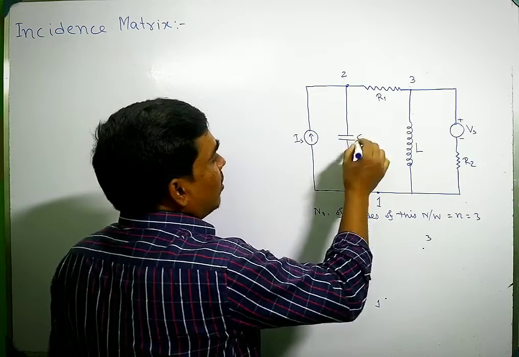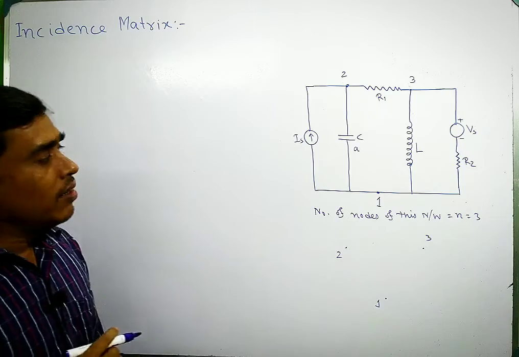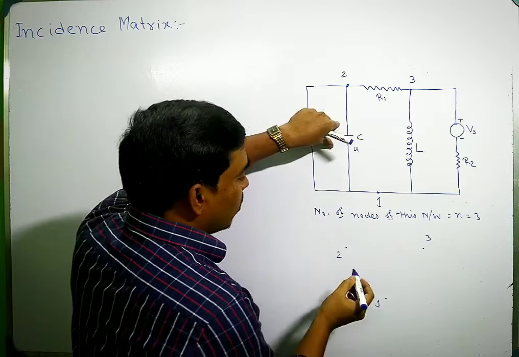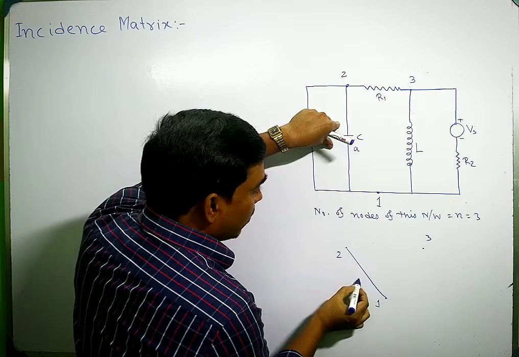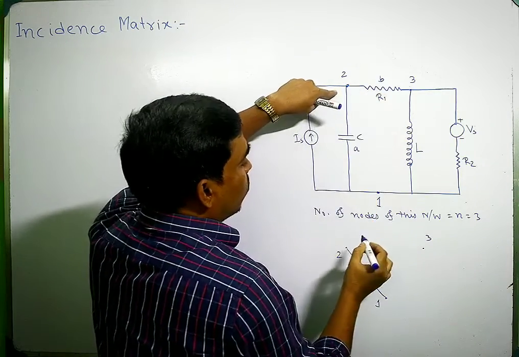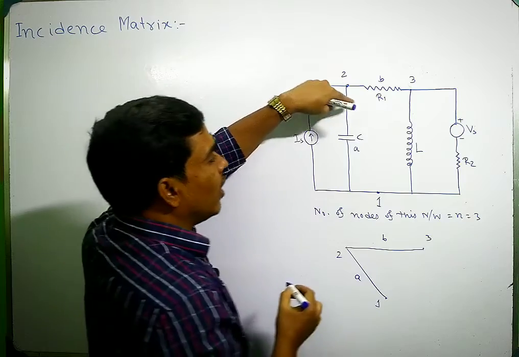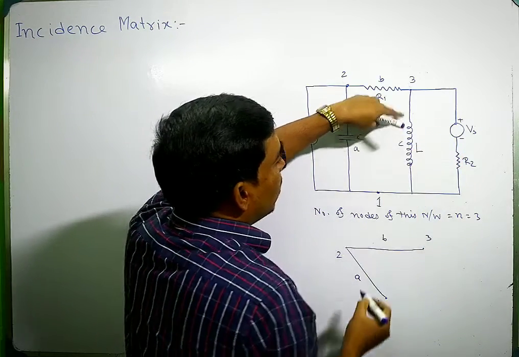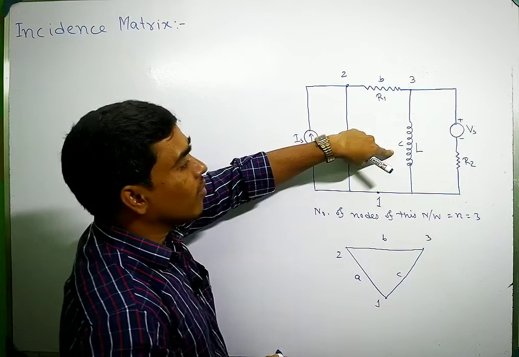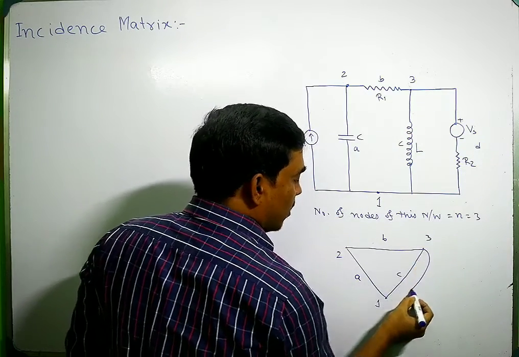From 2 to 1 there is one branch, branch A. From 2 to 3 there is another branch, B. This is branch C, and there is another branch, branch D.